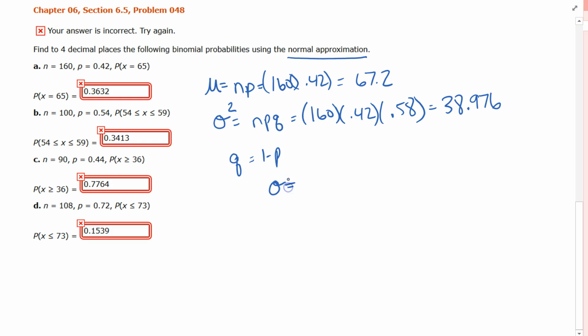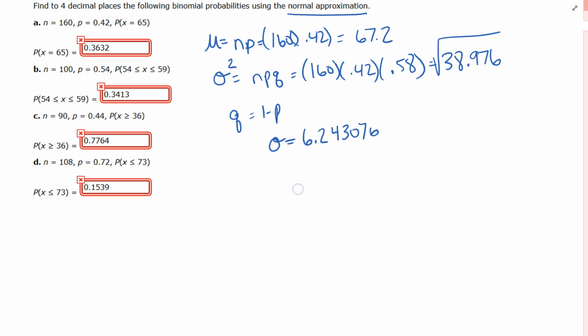Sigma is going to be the square root of that number, which is 6.243076. I'm going to leave it as the square root of 38.976, so I don't have to worry about carrying so many decimals out.